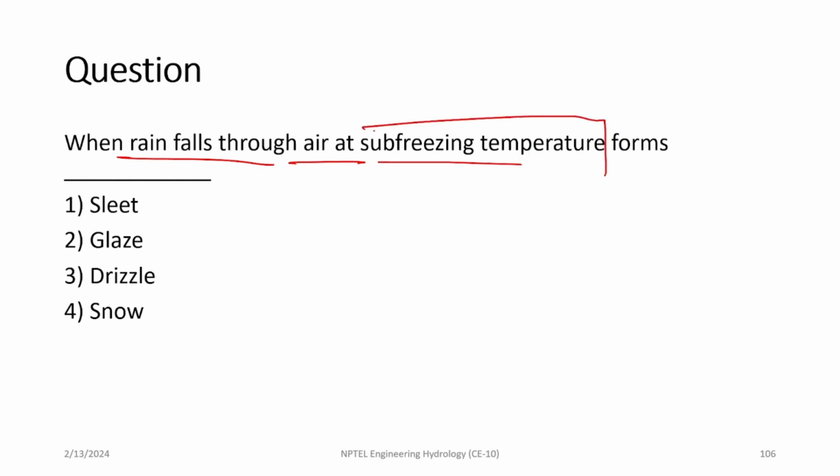So which kind of precipitation will occur in the region when there is a sub-freezing temperature condition? This is, I think, snow. Okay, snow. I guess it is not the right answer. Let's check.